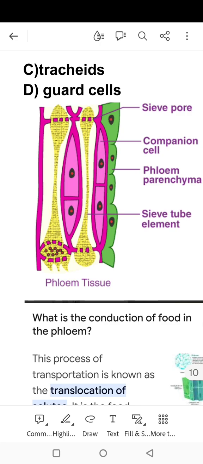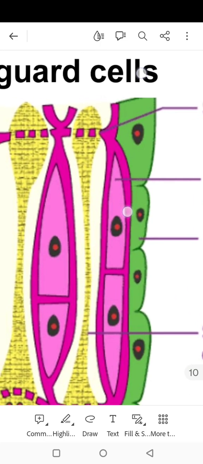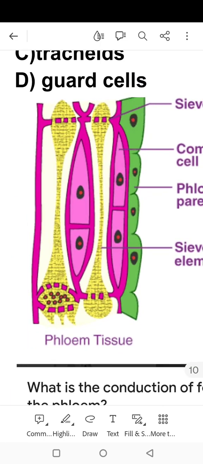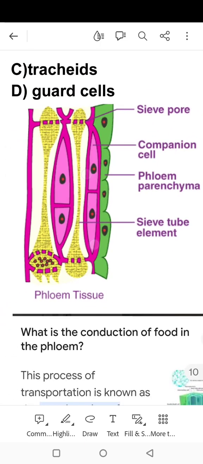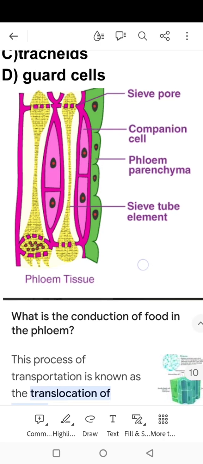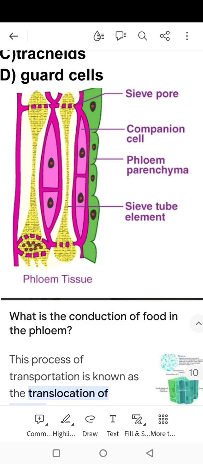Whenever you see the sieve pores which control the amount of food transported in the phloem sieve tubes, you can directly say that this is definitely the phloem. And the companion cell, which is pink in color, helps in controlling the foodstuff in the sieve tubes. And phloem parenchyma helps in the storage of the excess food.